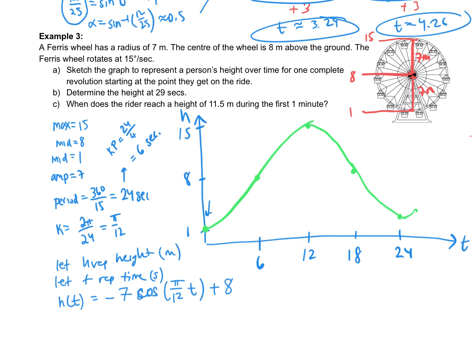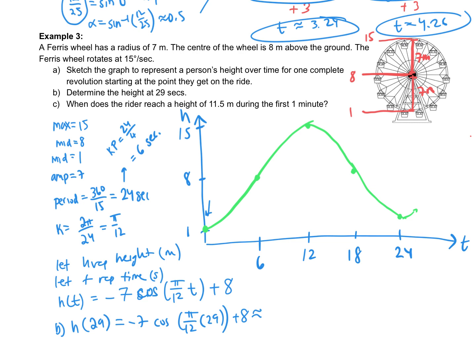B says determine the height at 29 seconds. Well, that's just me replacing t with 29 and going to my calculator. And make sure your calculator is in radians. So -7 times cos, and for your angle, you'll have pi over 12 times 29, close that bracket, plus 8.